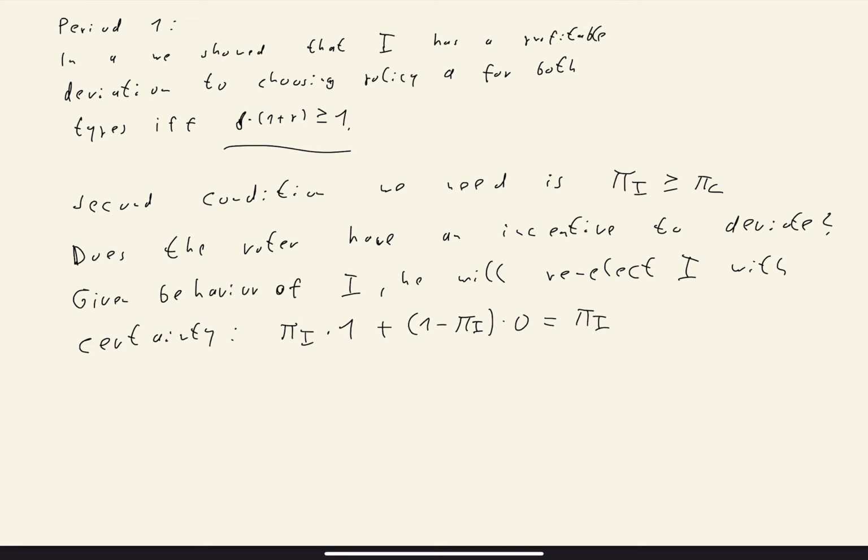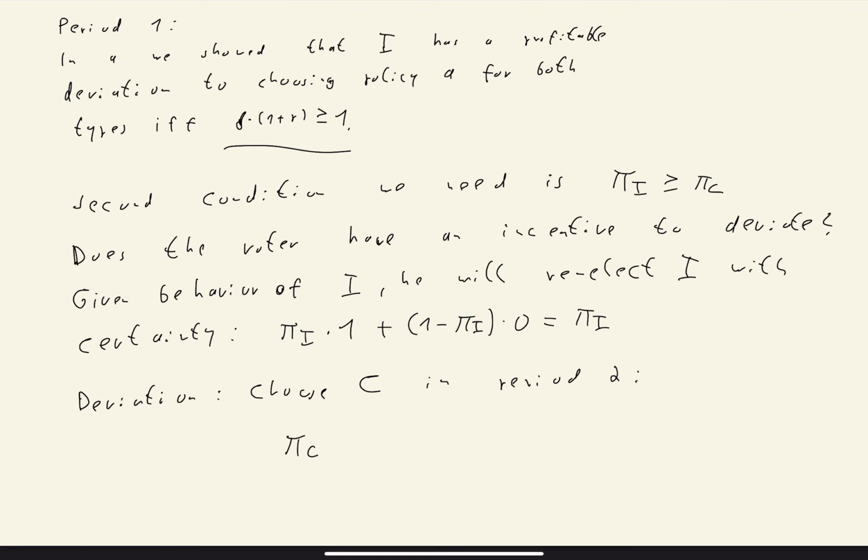And a deviation could be by the voter electing the challenger in period 2. And this will give him the following utility.